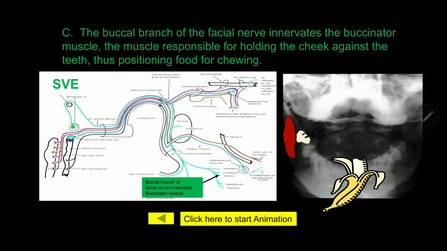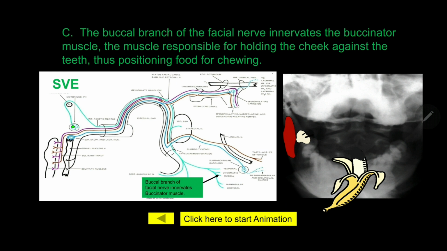Now look here, the buccal branch. This one is the buccal branch. The buccal branch of the facial nerve innervates the buccinator, this muscle on the cheeks, the muscle responsible for holding the cheek against the teeth, thus pushing the food for chewing. From the gingivo-buccal vestibule, it pushes the food back between the teeth for chewing.